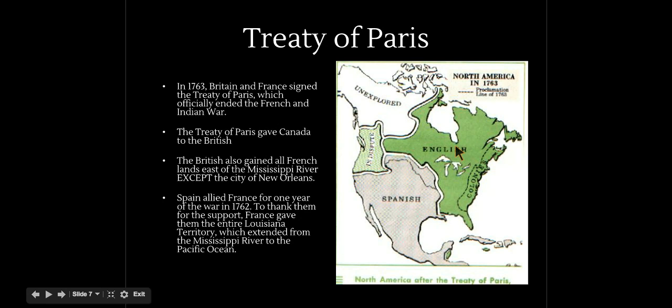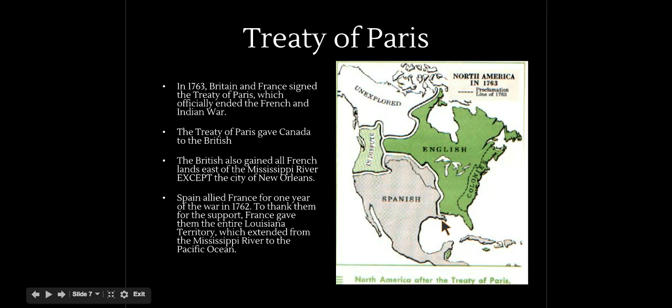And then the British also gained all French lands that were east of the Mississippi. So all this green area here, which was previously owned by France, now is owned by the English. The only exception is that the city of New Orleans was not given to the English.